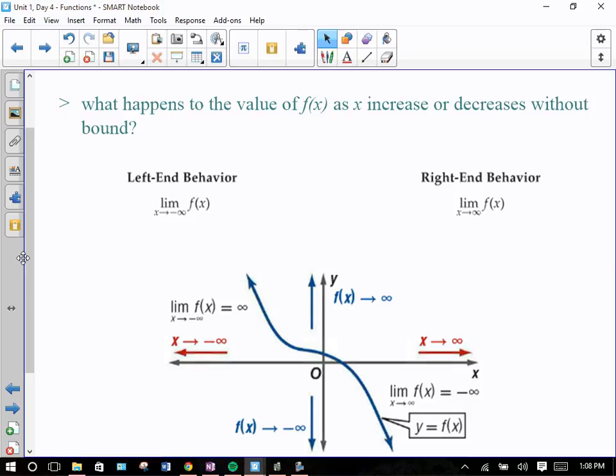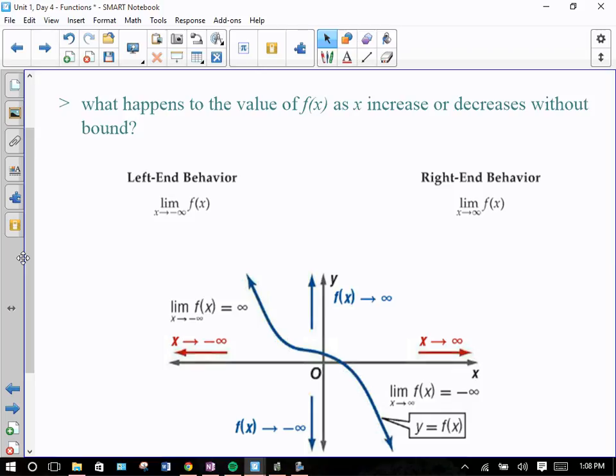They're getting closer to negative infinity. Remember, y is equal to f of x. So it's basically saying the limit as x approaches positive infinity of the y values is equal to what? What are they approaching? Negative infinity. Over here, the limit as x approaches negative infinity of our y values equals positive infinity.